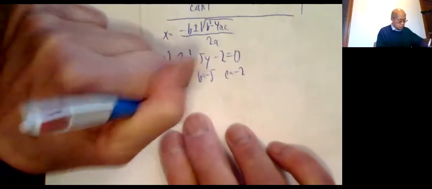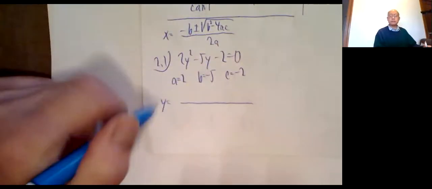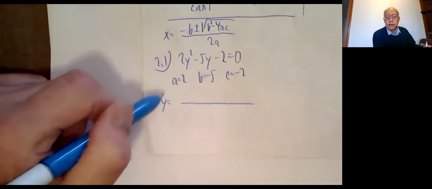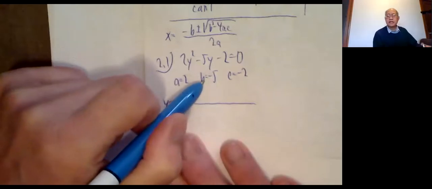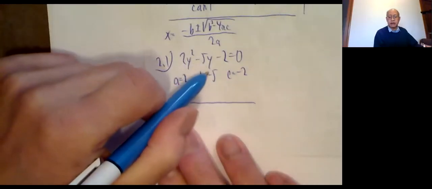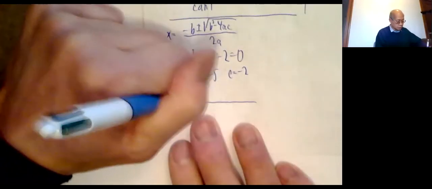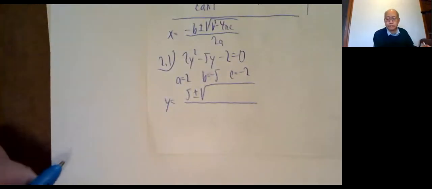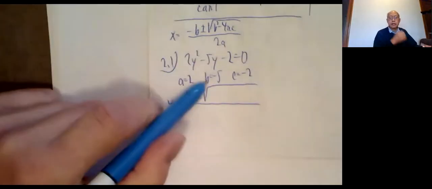All right. Throw it in the formula. So negative b. What is negative b? Positive 5, right? You change the sign. Plus or minus square root. B squared.